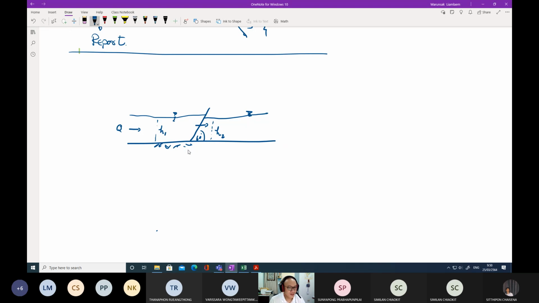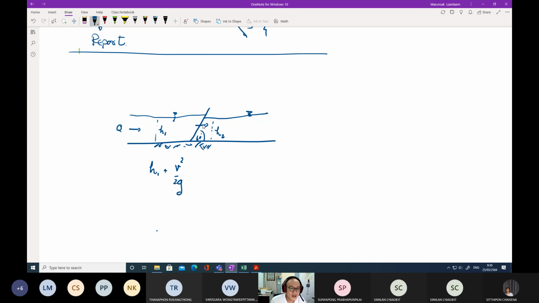If we apply the Bernoulli equation, everyone knows the Bernoulli equation. Before entering the screen, the water level is given as H1, and the velocity head is also generated, so you have to include this term, V squared divided by 2g.